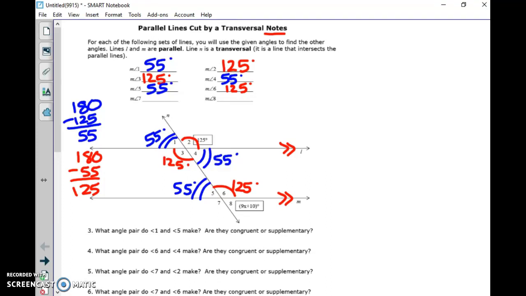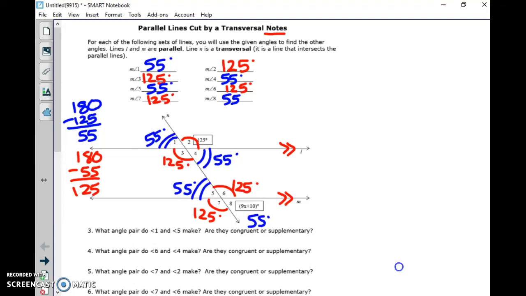And then we see angle 7 is vertical from angle 6. Those are vertical angles, so angle 7 also has to be 125 degrees. We can label that. And we know angle 8 should be equal to angle 5. So technically, angle 8 is 55 degrees. We can fill that in over here.